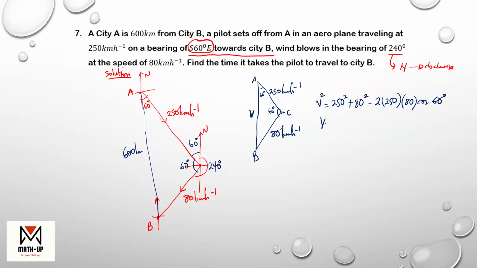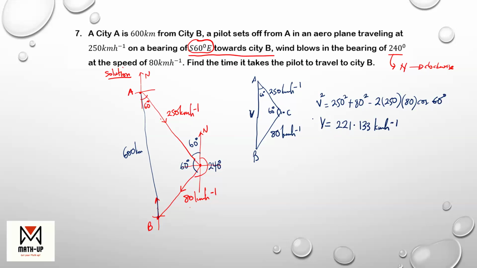And evaluating this gives us V as 221.133 kilometers per hour. You could help me check that.